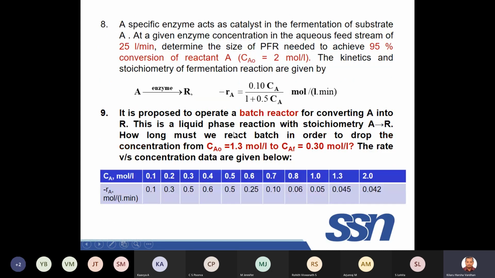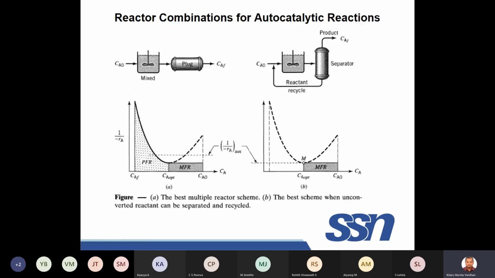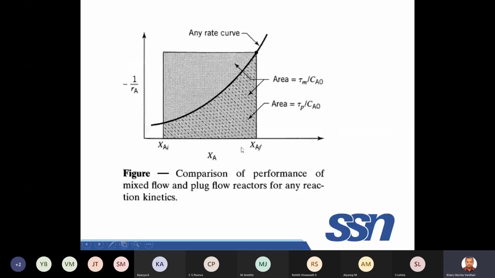So you can see here, I'll just show you. Now this is going to be the XA you want, and if this is the rate expression, you are drawing minus RA versus XA. This is the initial; generally let us go from 0, or it may have some conversion already. The area under the curve will give you tau P by CA naught, that is the space time of a plug flow reactor.